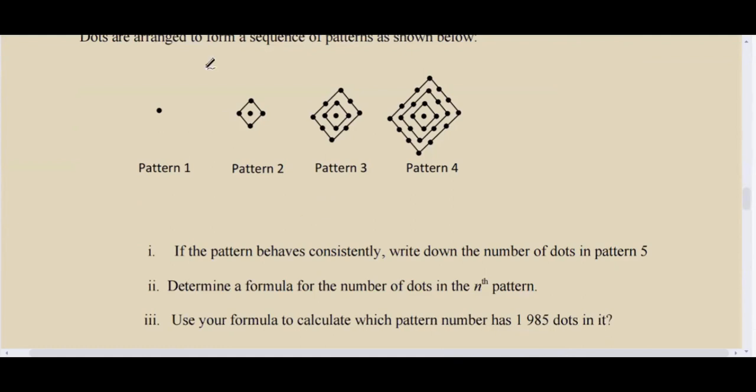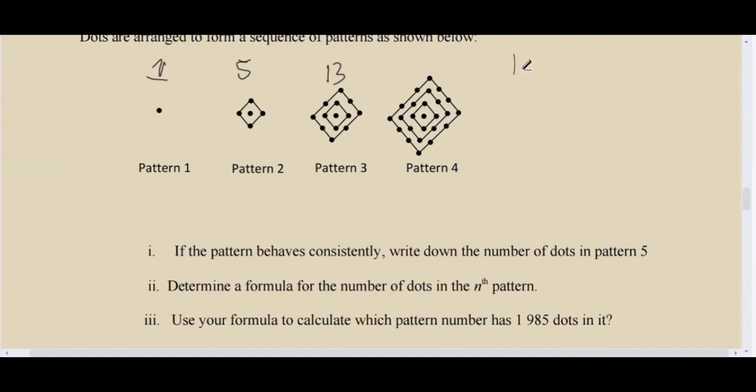Now, let's just write the numbers: 1, 5, and 13. This obviously needs to form a quadratic pattern. They say if the pattern behaves consistently, write down the number of dots in pattern number 5.